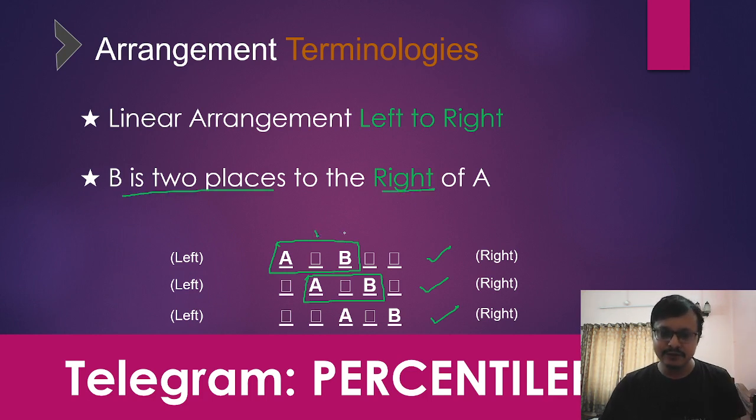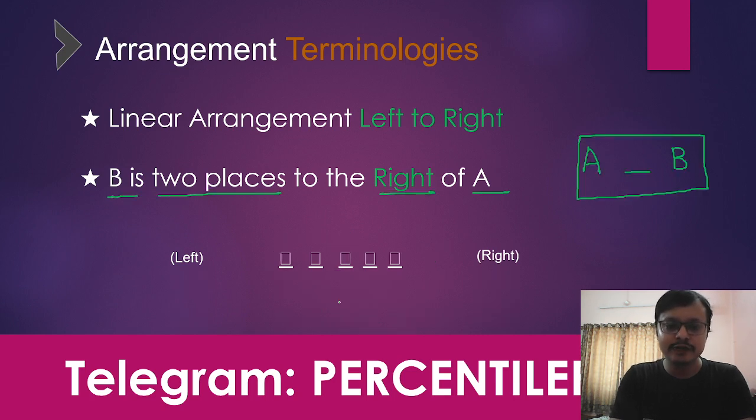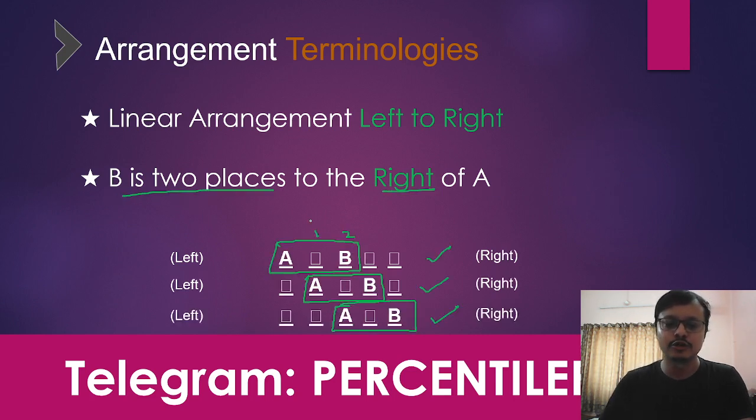So 1 place in between and the second place to the right will be person B. So in such a case, each of these 3 scenarios is possible. So do not assume that B is 2 places to the right would mean only the first scenario. No, it could be anywhere depending on the position of A. The position of B would vary, but in all cases, it will be 2 places to the right.